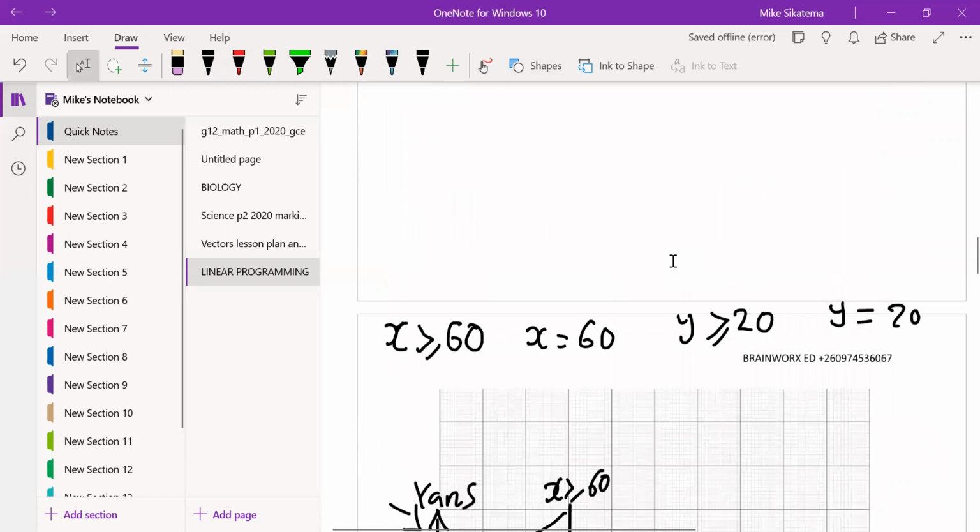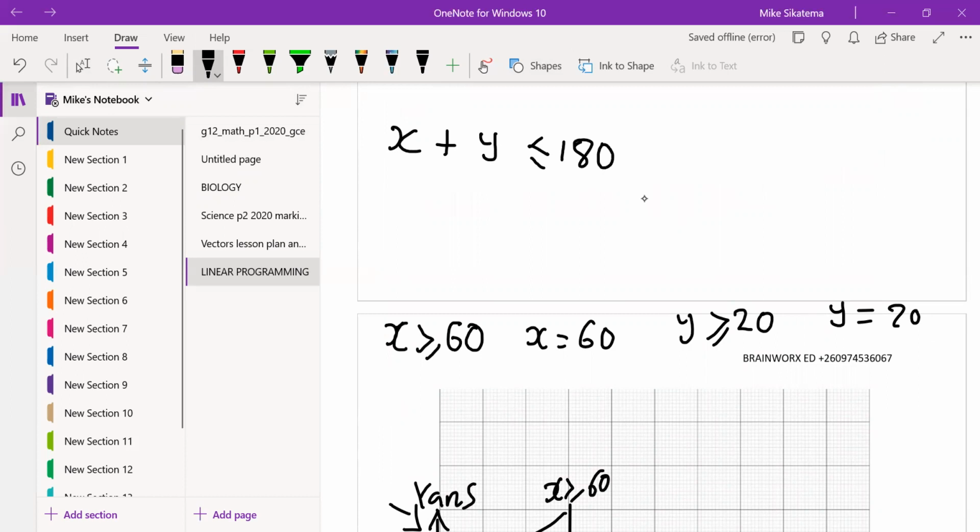So let's continue. The third line says if we add the number of sedans and the number of vans, we shouldn't exceed 108.